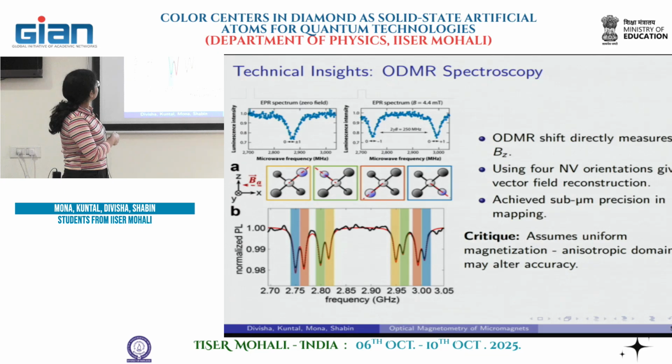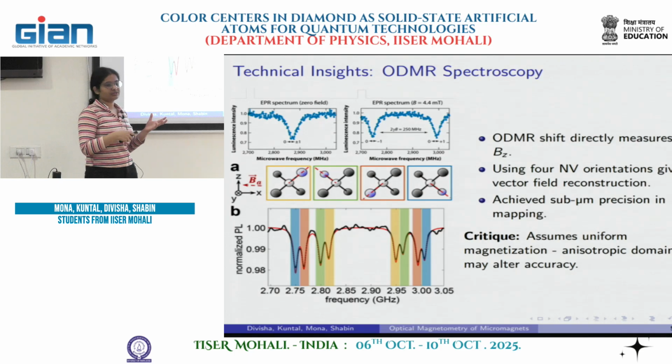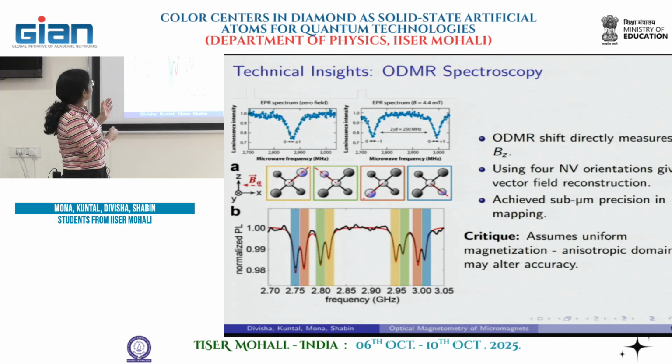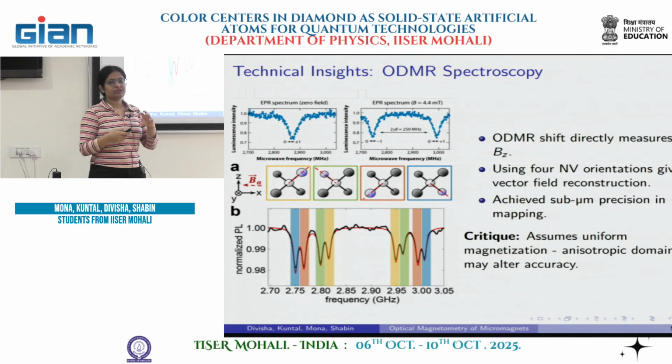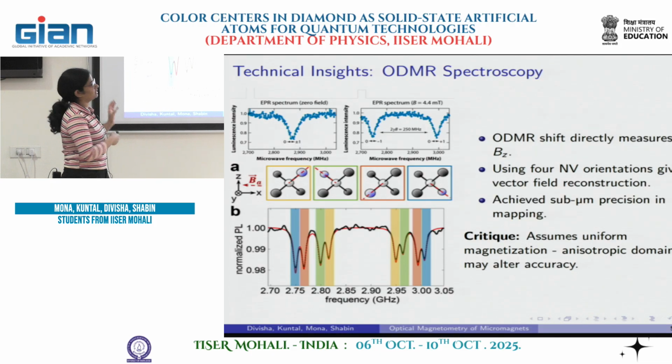For the NV center system we used, as we discussed in the previous class, we have different orientations of nitrogen, that is, the orientation of the vector along the nitrogen atom and the vacancy axis. So I am just giving the orientation. This is not the lab frame, this is the material frame.